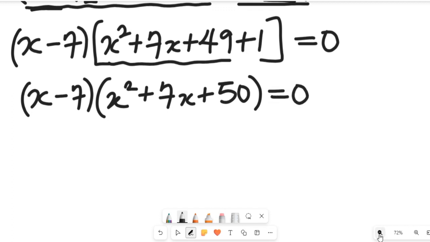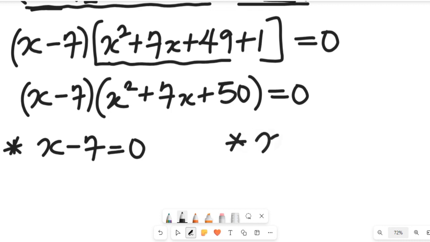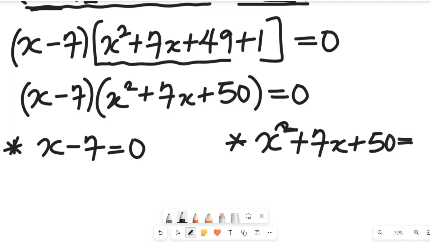So if we apply the zero product rule, we'll have our first case to be x minus 7 equal to 0, and we'll have our second case to be x squared plus 7x plus 50 equal to 0.